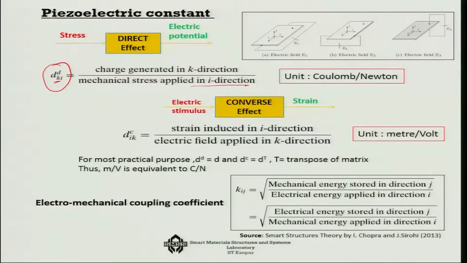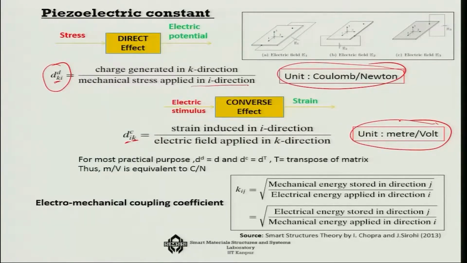The other measure of d is when you are applying electric field in the k direction and you are getting strain in the i direction. So in one case the unit is coulomb per Newton, and in the other case the unit is meter per volt. The same constant, that's very interesting, can actually be described with the help of two different unit systems.